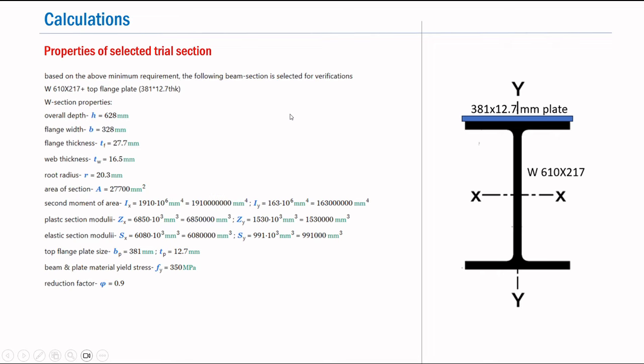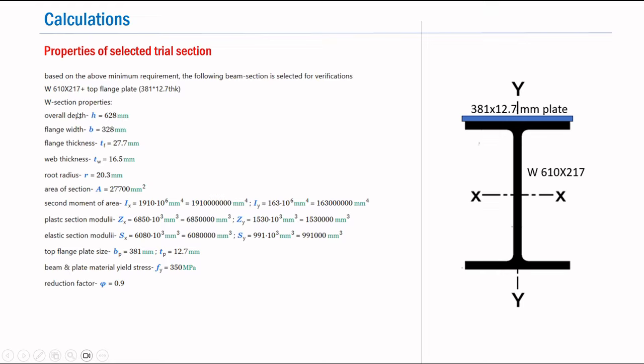So with this requirement in our hand, we directly proceed for the selection of a trial section, and for this problem, we consider the selection of a section that consists of a wide flange beam W610 by 217 which is provided with a top flange cover plate of dimension 381 by 12.7 mm thick.